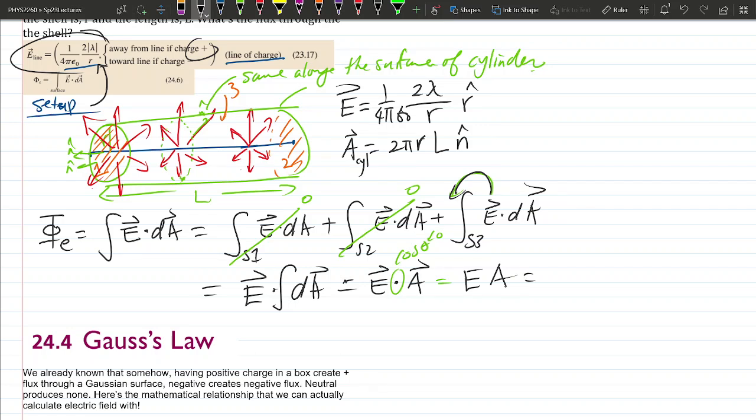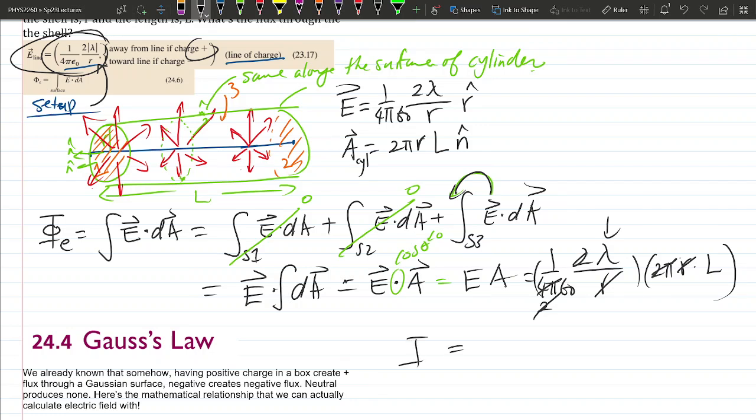The electric field strength up here is given to us, 1 over 4 pi epsilon naught times 2 times lambda divided by r, and we're just going to assume that lambda is positive for now. The area of a cylinder, as I stated before, is 2 pi r times L. And therefore, the r's cancel each other out, the 2 pi's cancel out with most of the 4 pi, the 2 even cancel each other out.